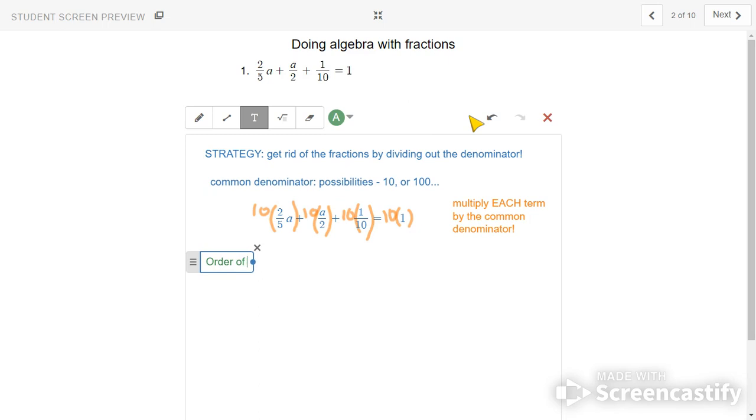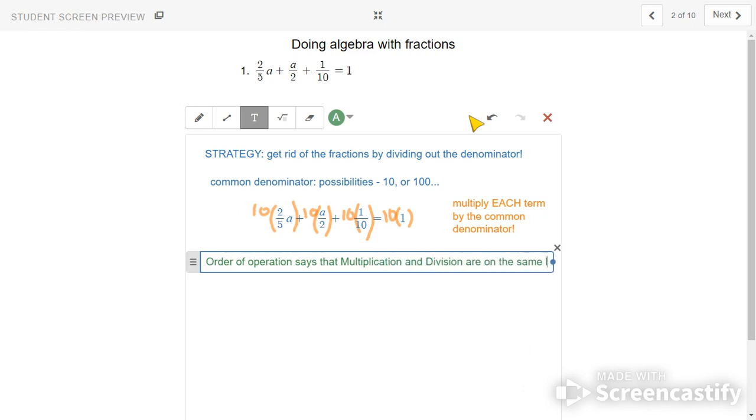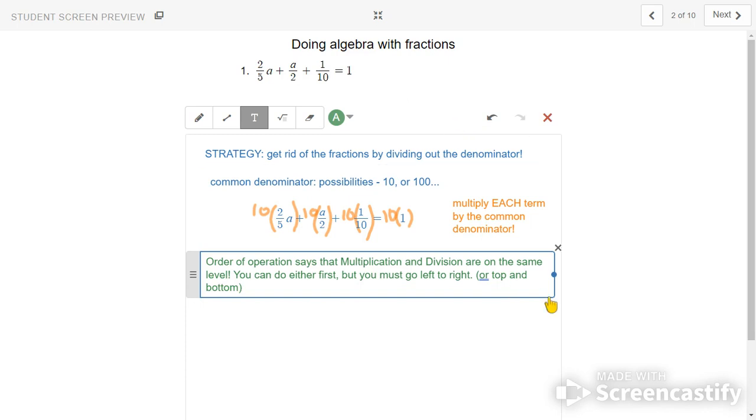So order of operation says that multiplication and division are on the same level. Do either first, but you must go left to right. Now, in this case, we're doing it top and bottom.